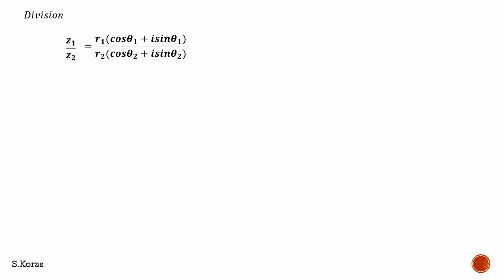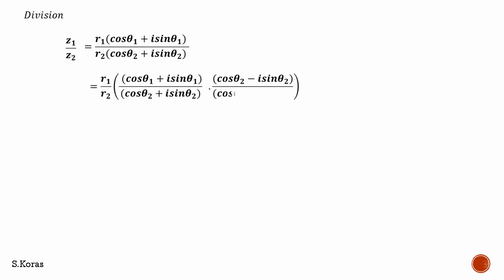You know very well, in complex number problems, you should not keep the denominator with I. So let us take the conjugate. The conjugate of cos theta 2 plus I sin theta 2 is nothing but cos theta 2 minus I sin theta 2.